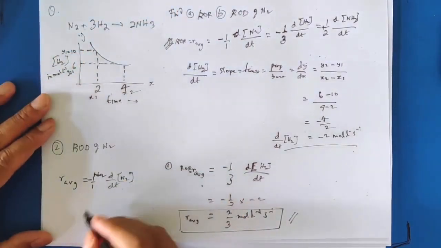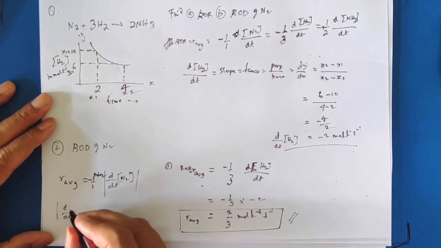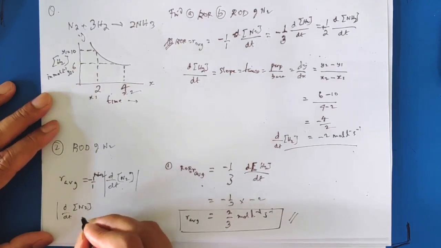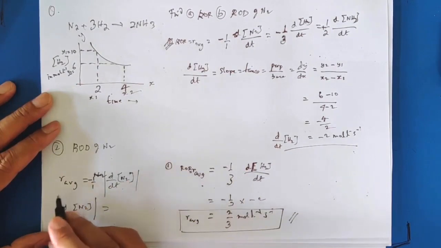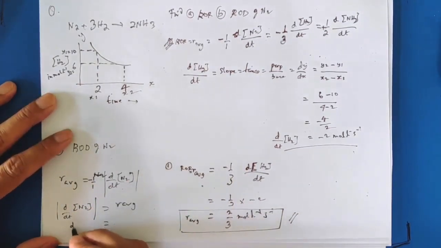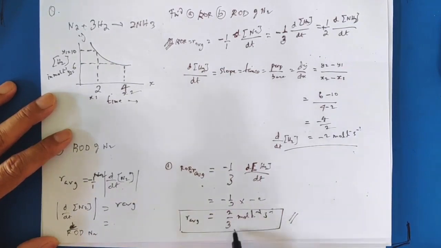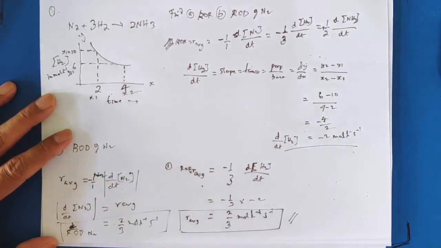If we take the modulus of d by dt of N2, minus 2 becomes plus. So this is equal to R average, the average rate. This means the rate of disappearance of N2 is equal to R average. The R average value is 2 by 3 mole liter inverse second inverse. Done.